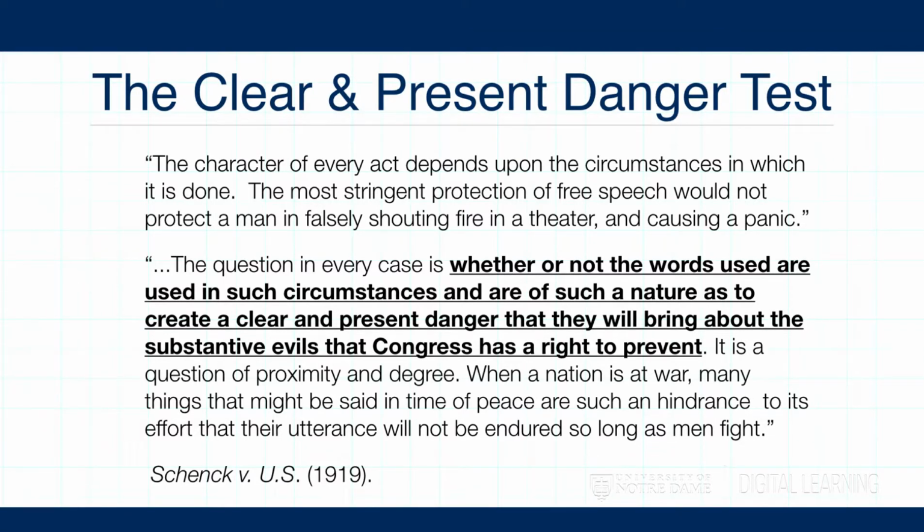It is a question of proximity and degree. When a nation is at war, many things that might be said in time of peace are such a hindrance to its effort that their utterance will not be endured so long as men fight.